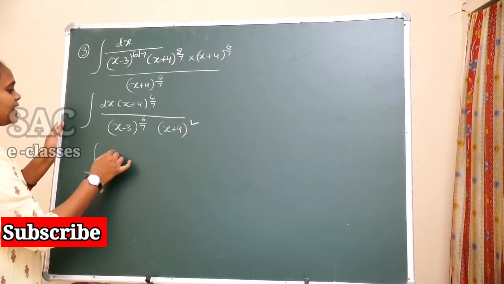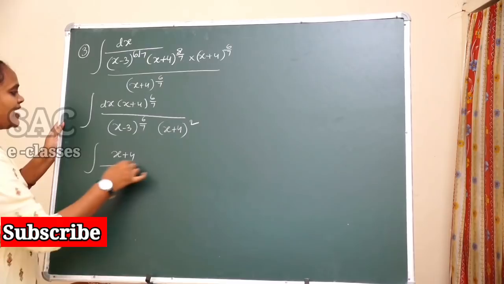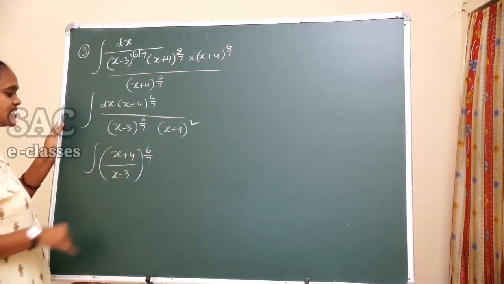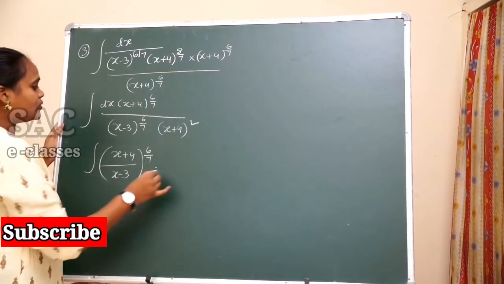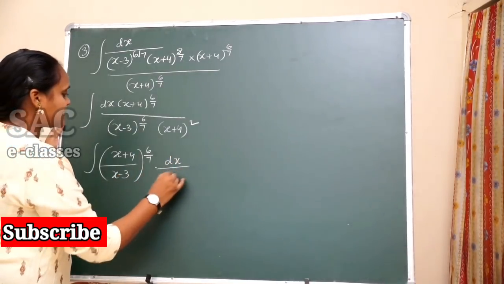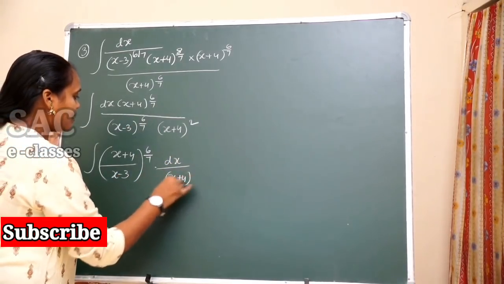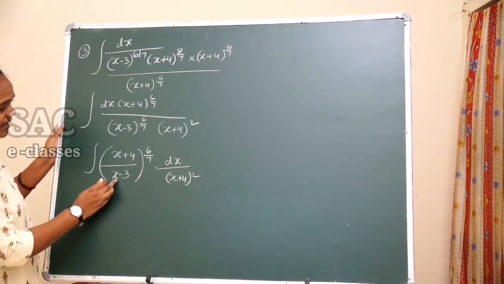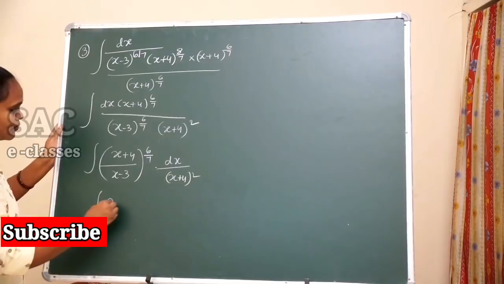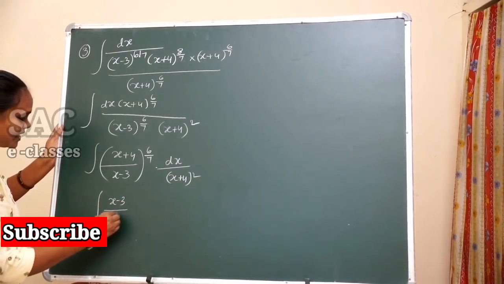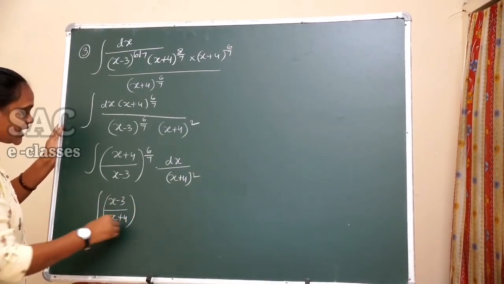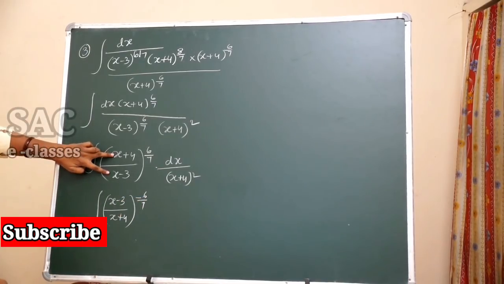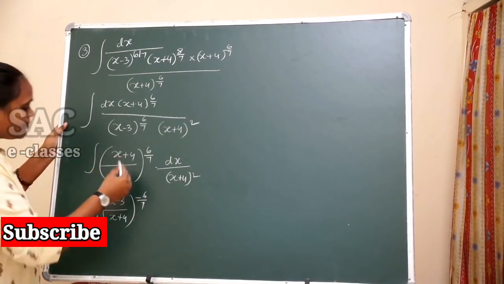So clearly, ((x plus 4) by (x minus 3)) whole power 6 by 7 is given into dx by (x plus 4) whole square. To match the denominator, so the denominator has the same power, let me make the power a negative power by taking the reciprocal of the given p by q.